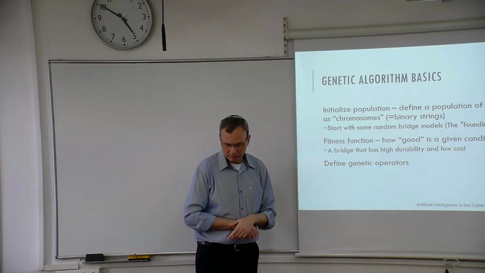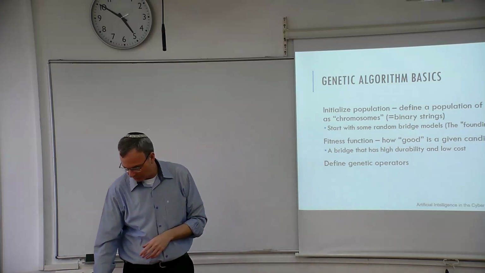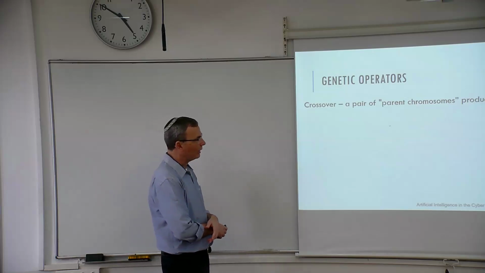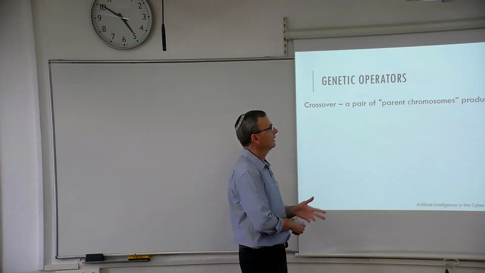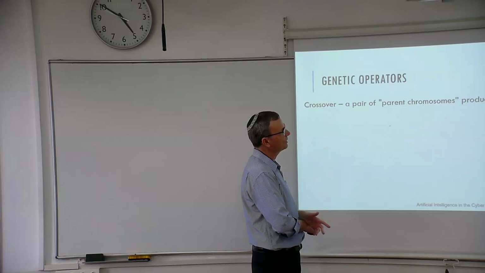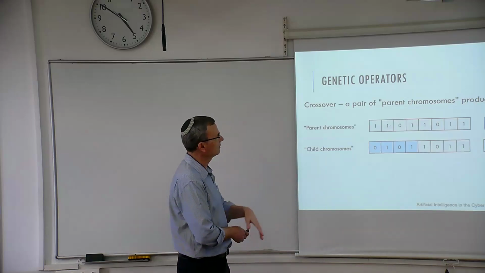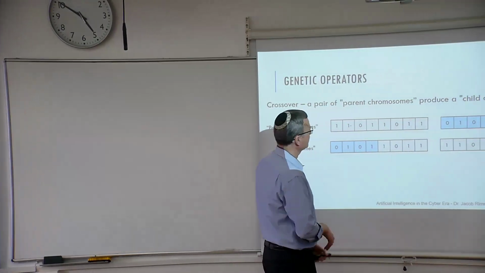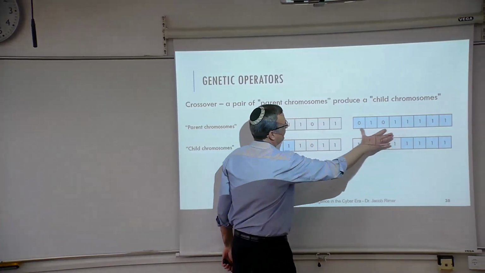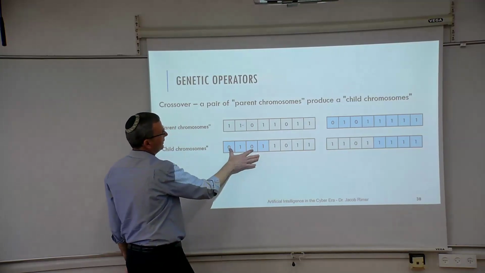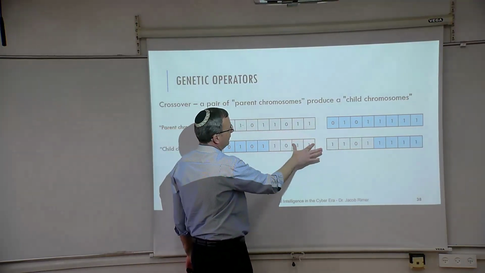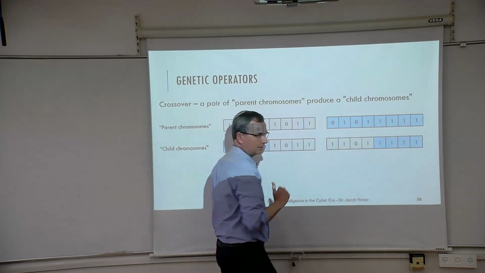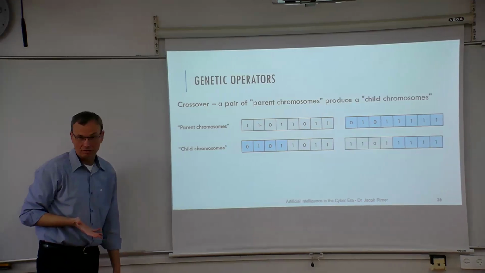And then I need to define also what are called genetic operators. And there are two of them. One of them is crossover. A pair of parents' chromosomes produce a child. These are the parents, 1 and 2. So I take half of here, put it here, okay, and this half, put it there. This I put here, and this I put there. Okay, so this is a crossover.